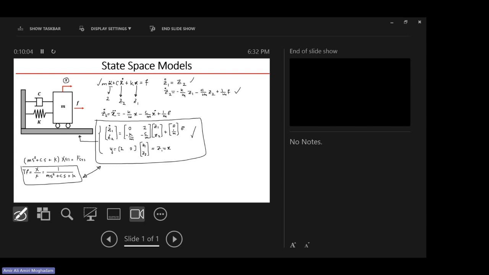Meanwhile, let us assume m equals 1 and c equals 2, and k equals, let's say, 5. If you want to make the damping a little bit less, let's consider 0.1.